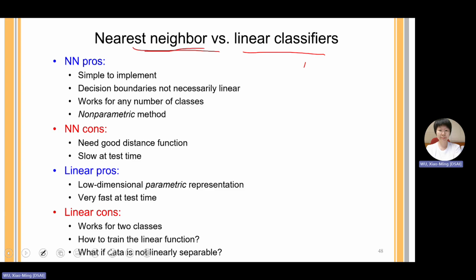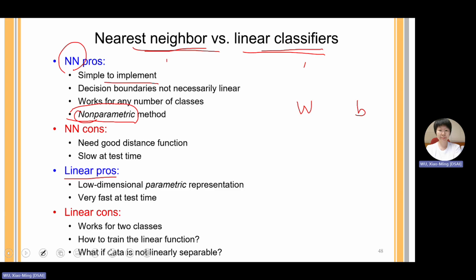Comparing the nearest neighbor classifier with linear classifiers, the nearest neighbor classifier doesn't require any training, so it's very simple to implement. It's non-parametric. What do we mean by non-parametric? Unlike the linear classifier, which is parametric because you need to train W and B, the K nearest neighbor classifier doesn't have any parameters.